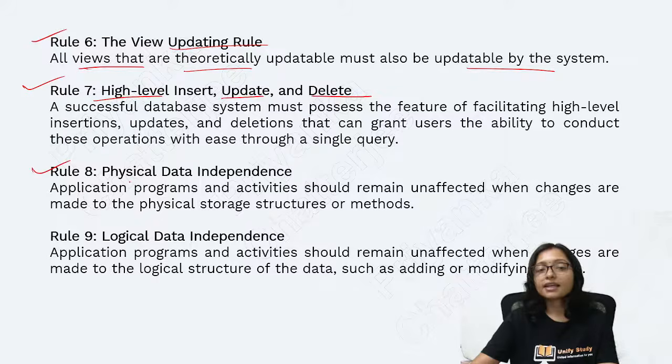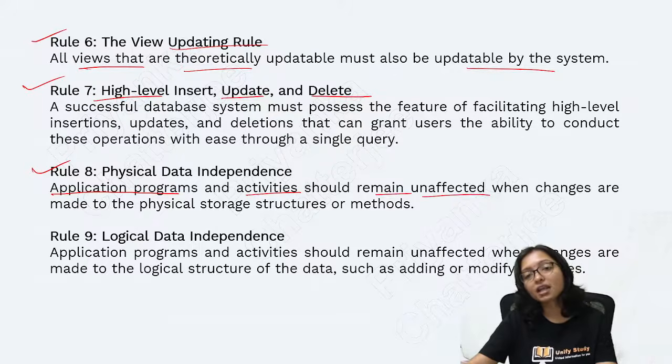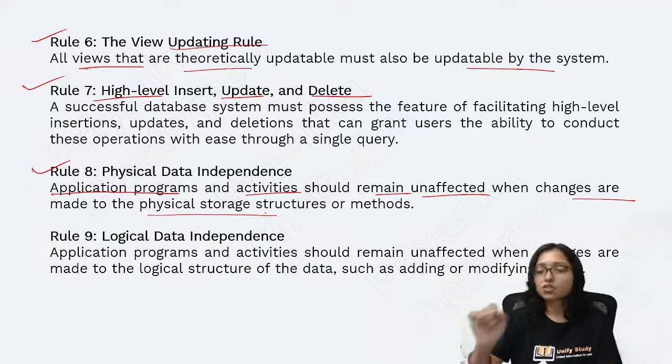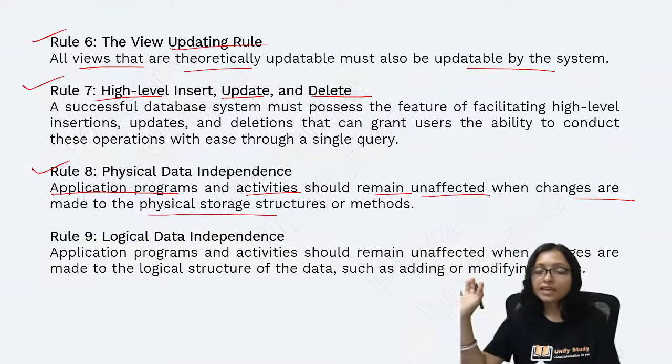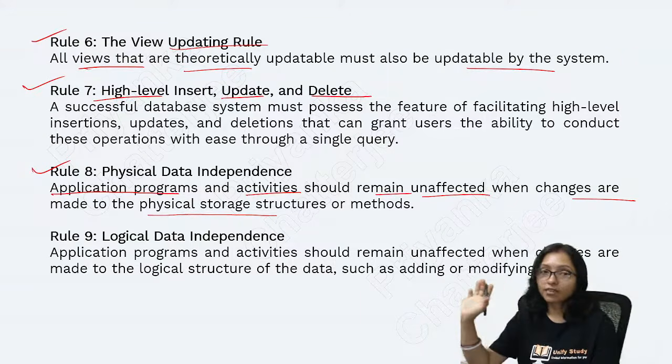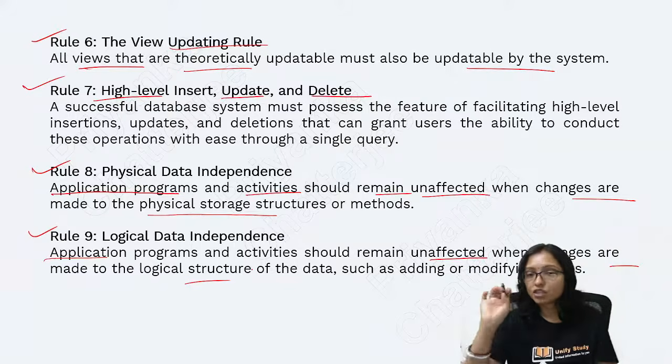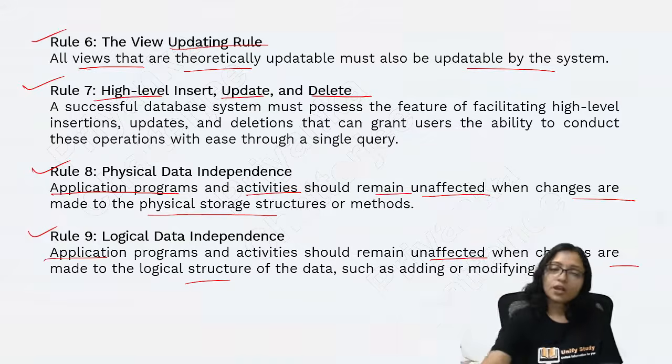Physical data independence, as I just told, means application program activities should remain unaffected when changes are made in the physical storage. At the application level, it will not be affected. Logical data independence means application program activities remain unaffected when changes are made at the logical level. Okay.